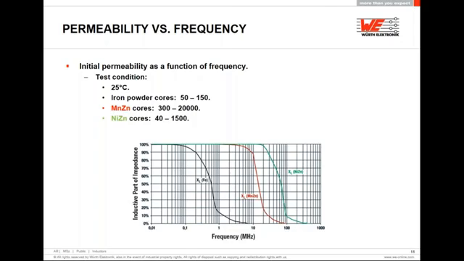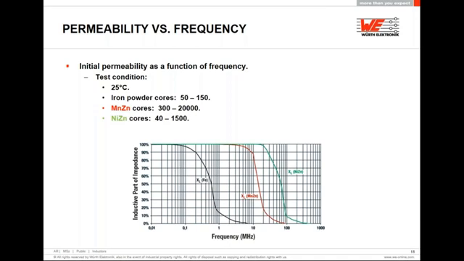It is worth noting that iron powder materials may be used as pure inductance up to approximately 400 kilohertz. The loss component dominates subsequently up to approximately 10 megahertz. This type of core would be ineffective in the frequency range above roughly 20 megahertz.